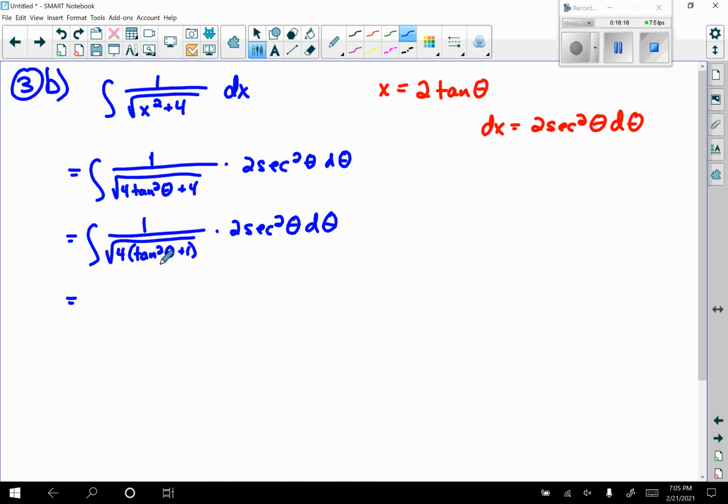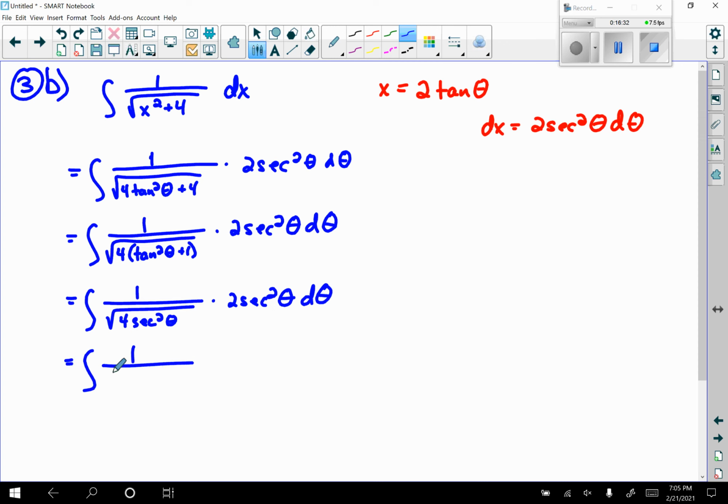Then I'm going to use the Pythagorean identity. Tangent square theta plus 1 is equal to secant square theta. Take the square root of this denominator, and we get 1 over 2 secant theta. And we notice we can simplify some things next.